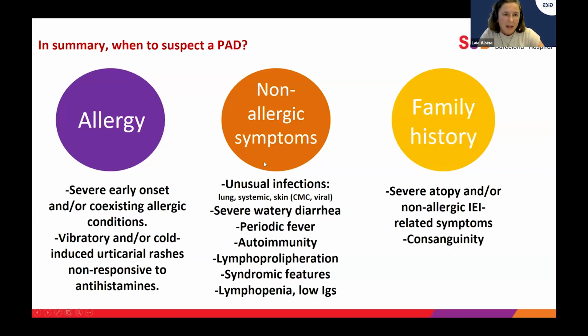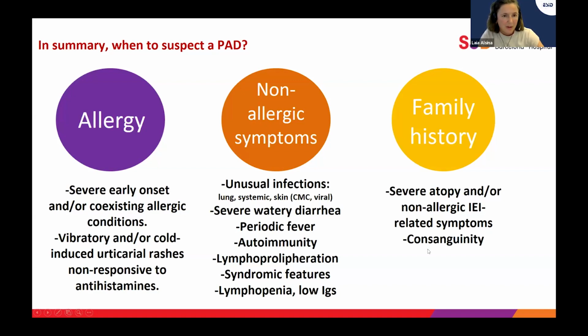Then always combining with non-allergic symptoms such as unusual infections in the lung, systemic or skin, with candida or viral infections, severe watery diarrhea, periodic fever, autoimmunity, lymphoproliferation, syndromic features, and in the blood count, lymphopenia and low immunoglobulin levels. And always question family history to make sure that there are no other signs suggestive of a genetic disorder running in the family.